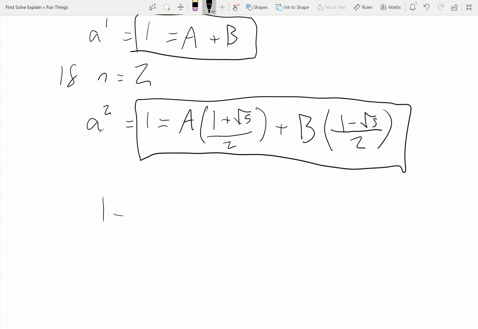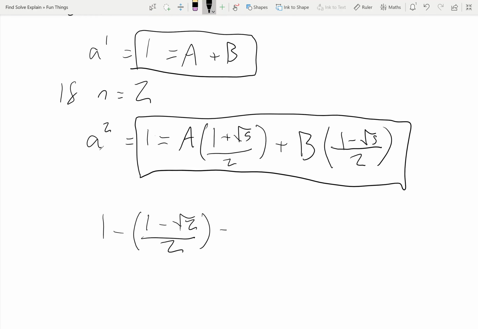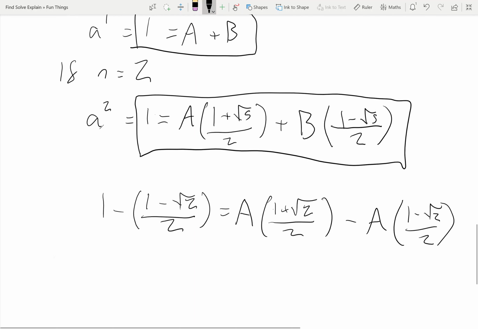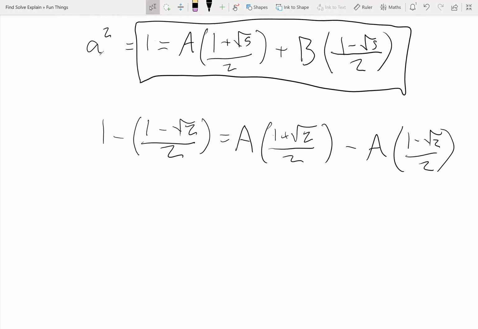1 minus root 5 over 2 is equal to A times 1 plus root 5 over 2 minus A times 1 minus root 5 over 2. And here we can put some stuff in brackets.